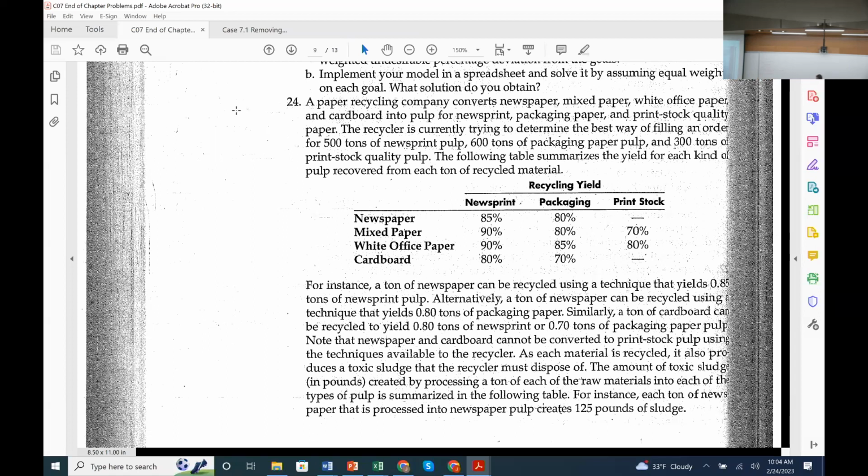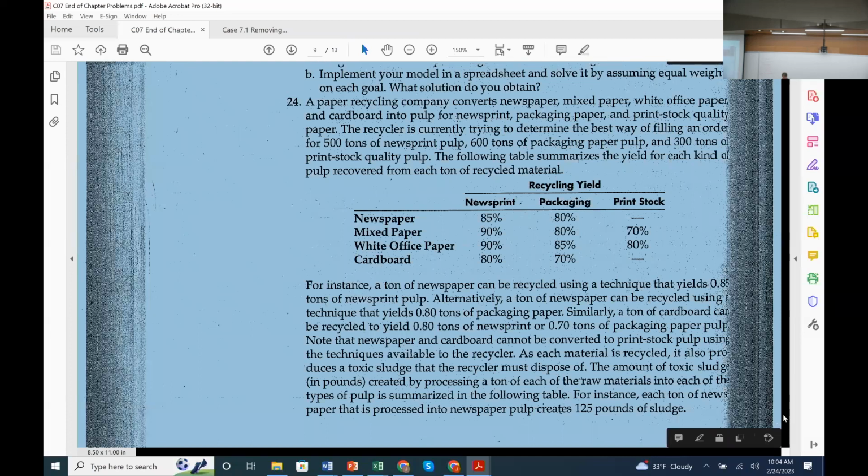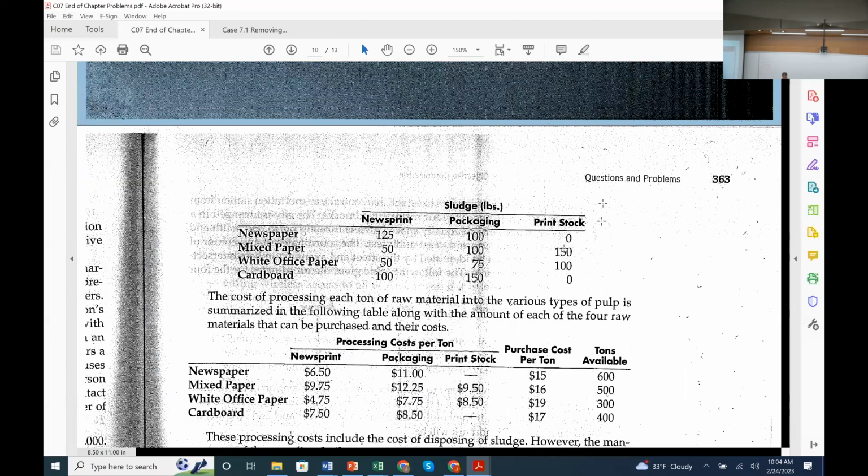The other part of the physics of the recycling plant is that along with every Xij, we produce sludge. And you can guess we want to minimize sludge. Sludge is pollution, a bad thing. So there are cij costs, like we normally have with a transportation type problem, and that's one objective.